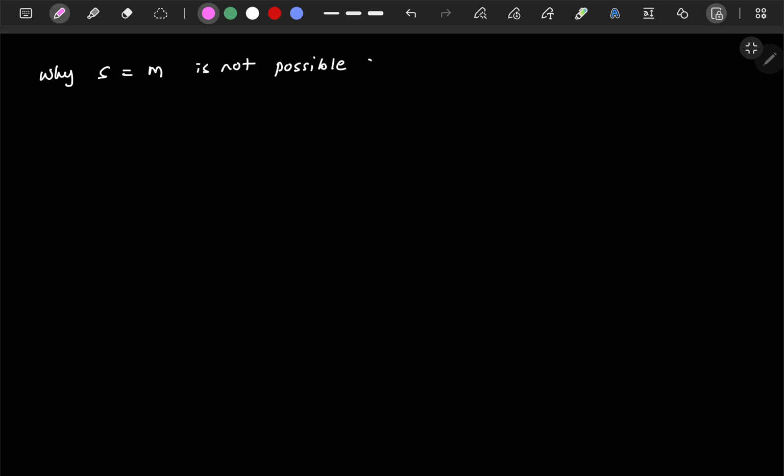Now I want to prove why s equal to m is not practically possible, with some mathematics. I want to prove it with a derivation. We already know that s, the speed up, is equal to time taken without pipelining divided by time taken with pipelining. Now without pipelining, what would be the formula?